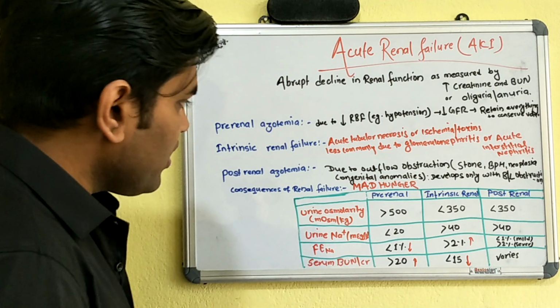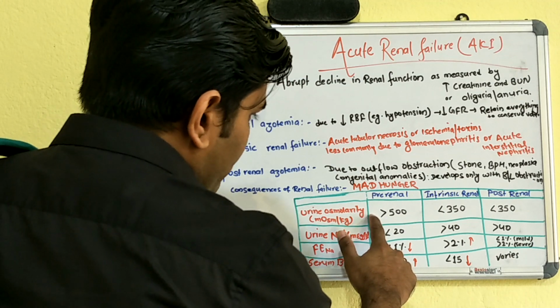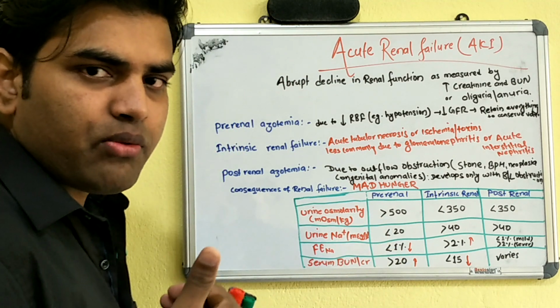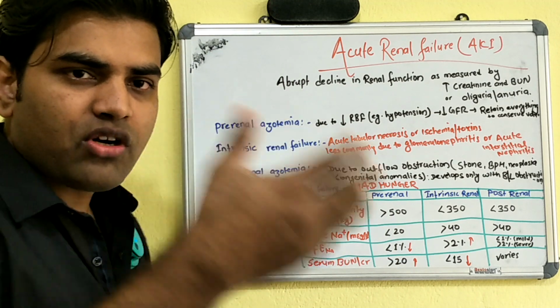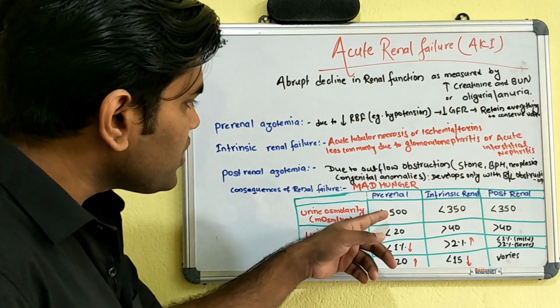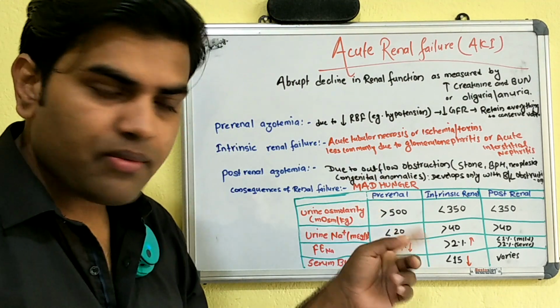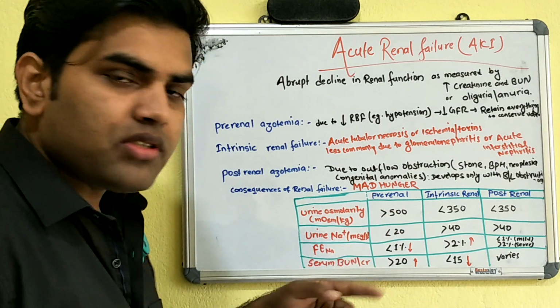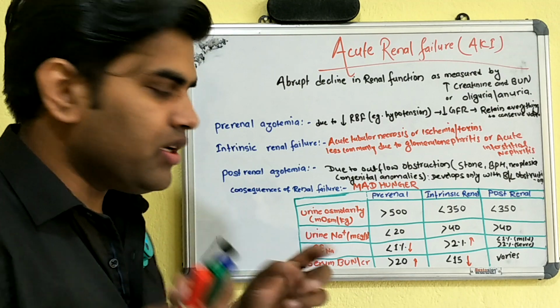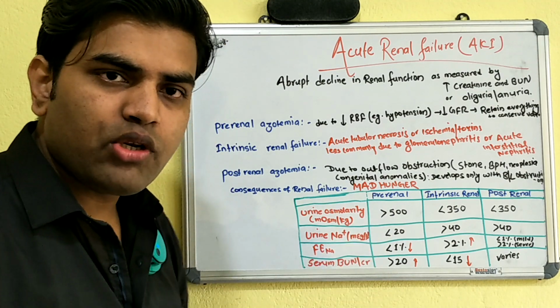So what will be the finding? Osmolarity will be high because there is low volume in your blood, and ADH will be secreted. Water will be reabsorbed from the collecting ducts and tubules, and your urine osmolarity will be raised. Since the kidney is trying to conserve everything, urine sodium will be less than 20 milliequivalents per liter.